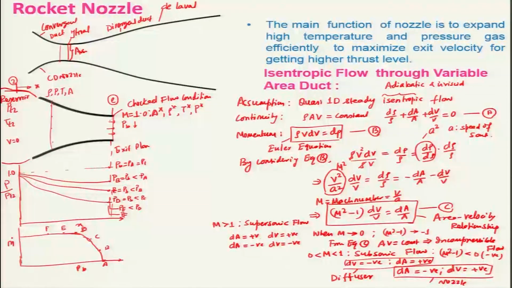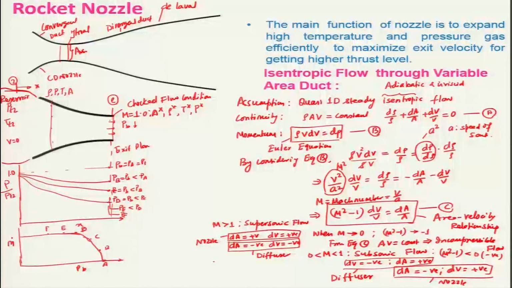What it says is that if the area increases, the velocity increases, the flow is accelerating, and this acts like a nozzle. When dA is negative, it is a convergent duct, and this acts like a diffuser, in which the flow decelerates. That means at the exit the velocity will be low, and the pressure will again be lowered along the nozzle and along the diffuser.